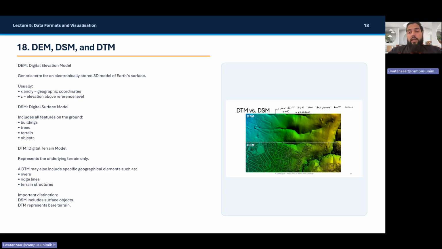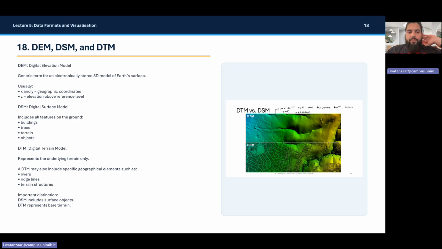So in comparison, in this picture of the DTM versus DSM, the information in the DTM is much less in comparison to the digital surface model, because they are more dealing with the geographical elements of the rivers, ridge lines, or the terrain structures.